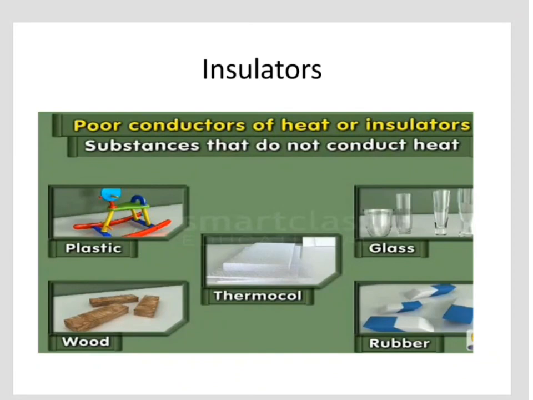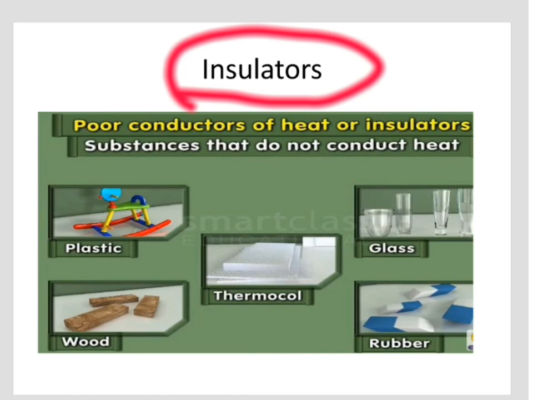Next is insulators. They are also known as poor conductors of heat. What are insulators? The materials which do not allow heat to pass through them easily are called poor conductors of heat or insulators.